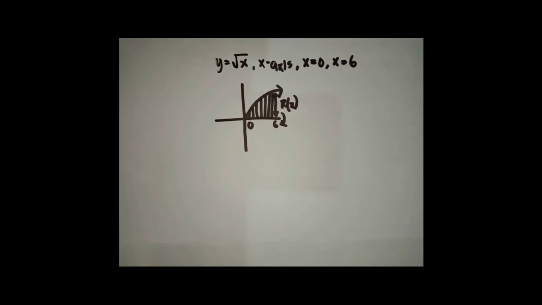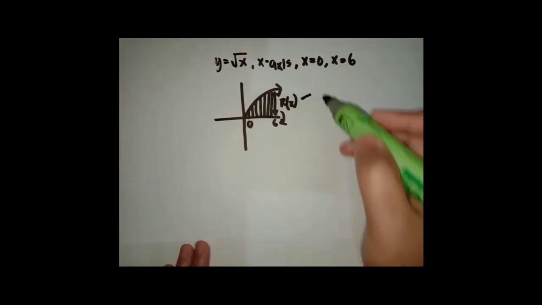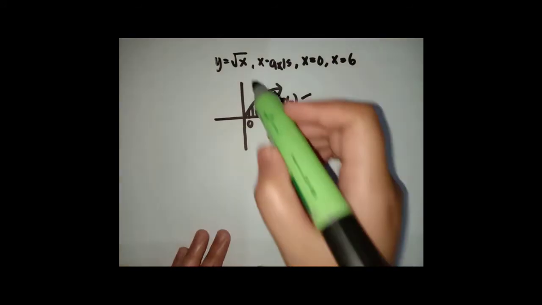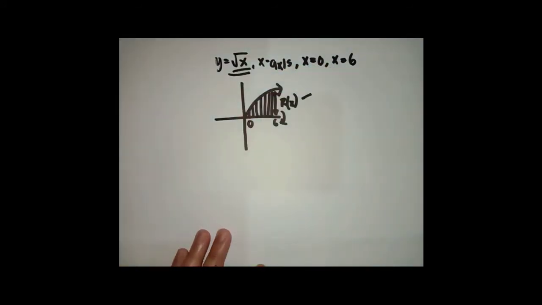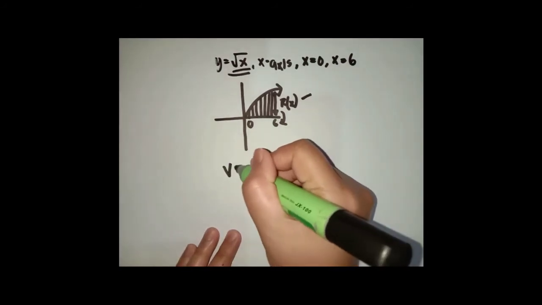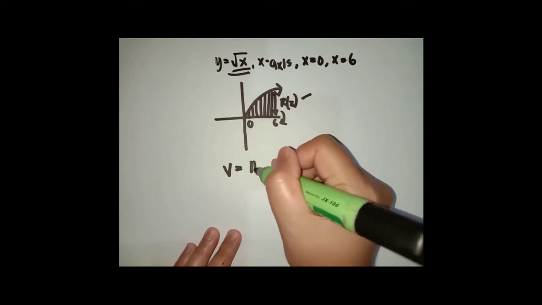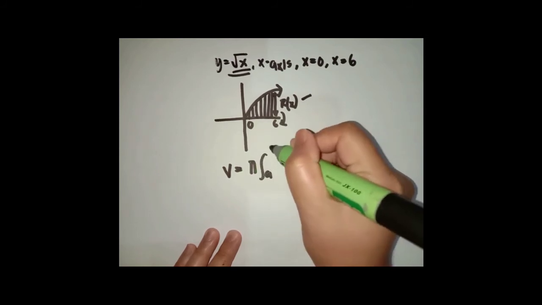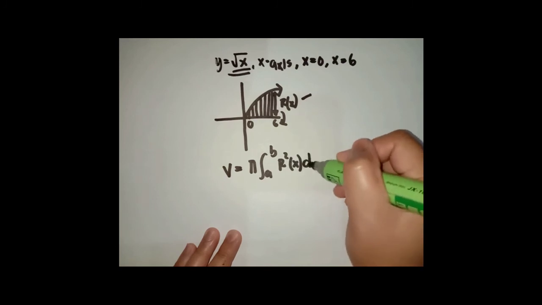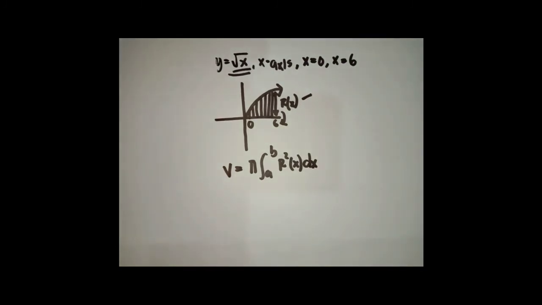You have to find the value of r of x. r of x is equal to y, and y is equal to the square root of x. Now let's use the equation. The volume is equal to pi, the integral from a to b, of r squared of x dx.